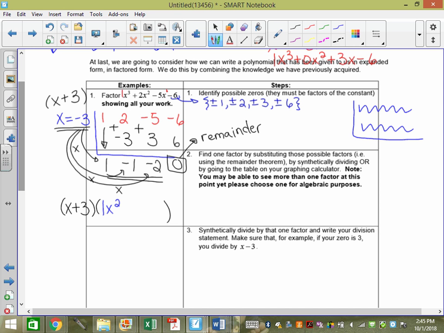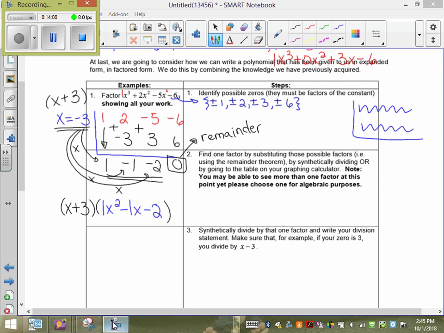Minus 1 x minus 2. You took an x out of x cubed, so now you have x squared. This is one factor already taken out. So this one has to be one less than the x cubed. It's always one less than whatever this is up here, because you took one out already.